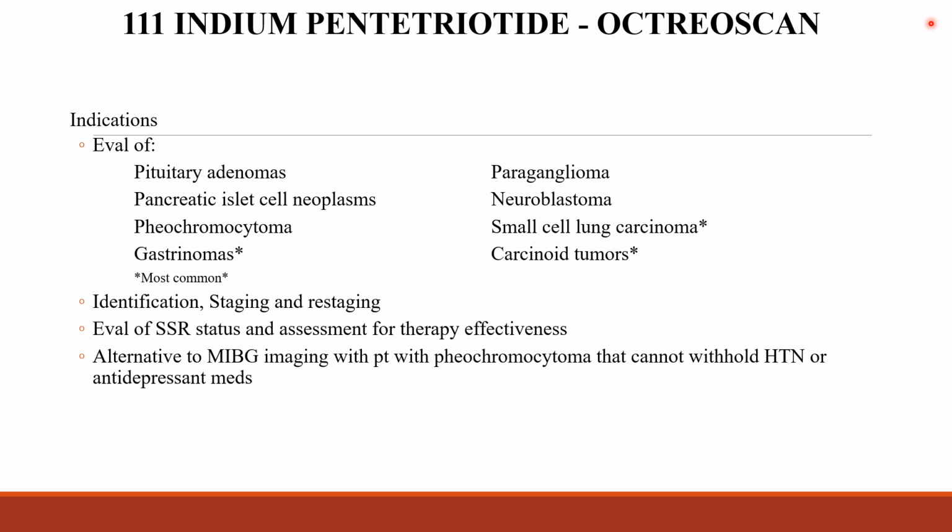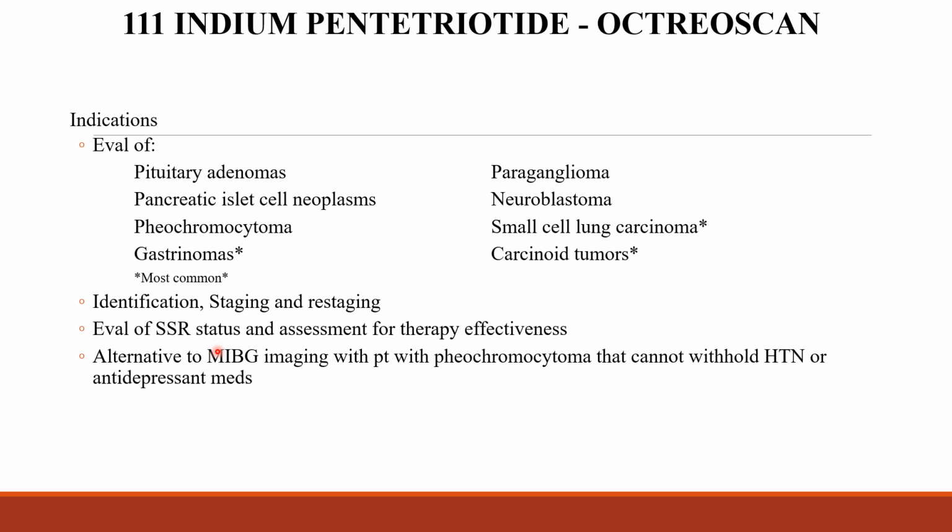And in that case, we're evaluating the somatostatin receptor status, because you can give them octreotide, which is a non-radioactive somatostatin analog that basically does the same thing as somatostatin, where it blocks all these receptor sites and it blocks the tumors from overproducing hormones, and it controls your symptoms that way.